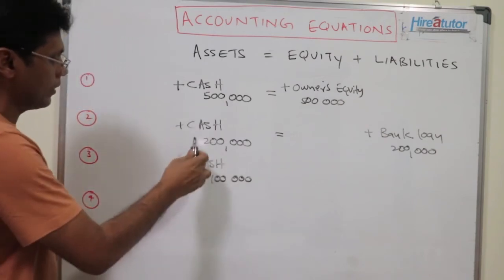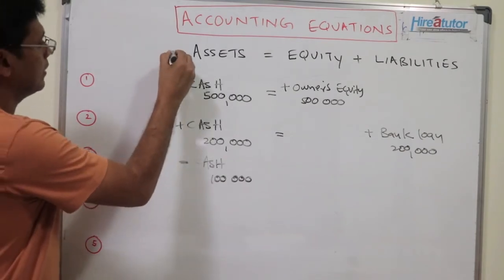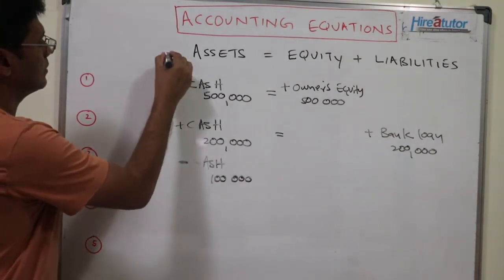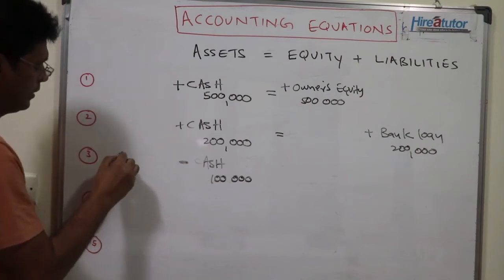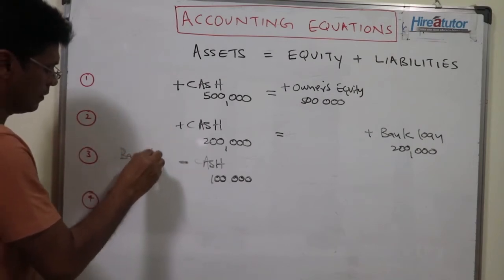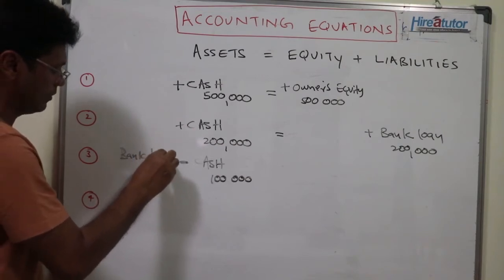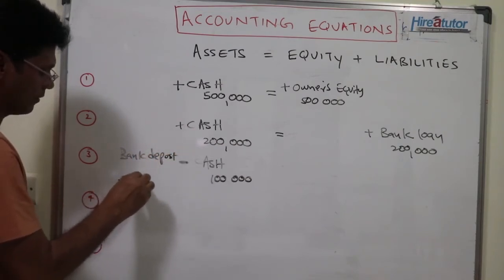Your cash asset reduced and you are creating another asset called bank deposit. Here you can say the bank deposit account will increase by 100,000.